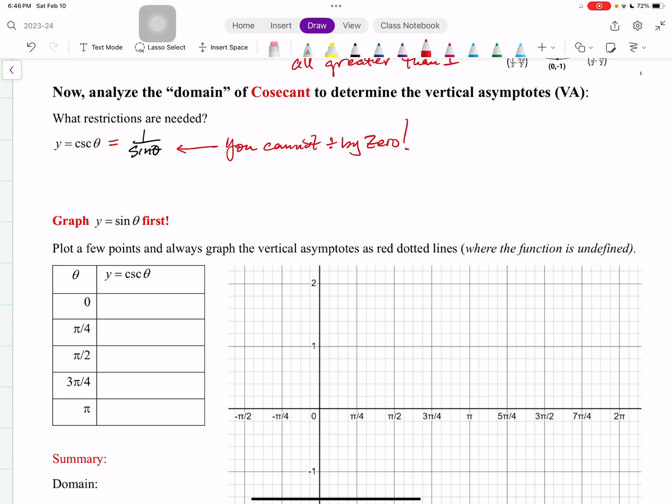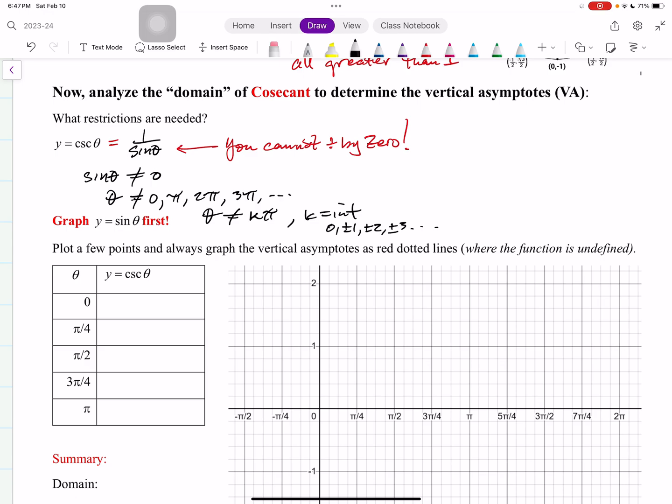Because of that, sine of theta can never be equal to 0, which implies that theta cannot be equal to 0, pi, 2 pi, 3 pi, 4 pi, etc. So theta cannot be equal to k pi, where k is some integer: 0, plus or minus 1, plus or minus 2, plus or minus 3, etc. That's the domain.